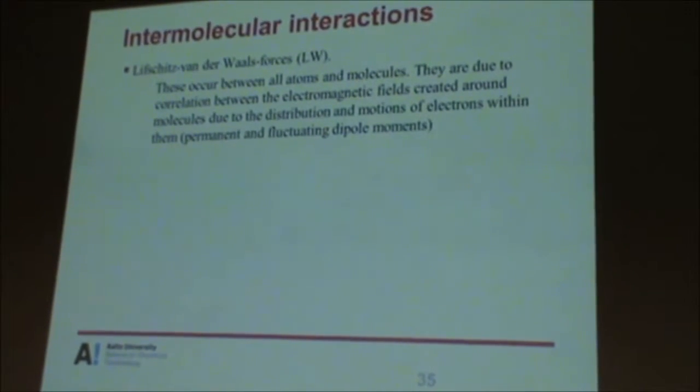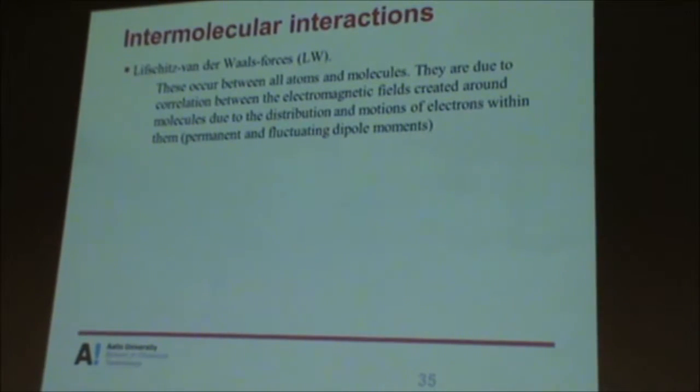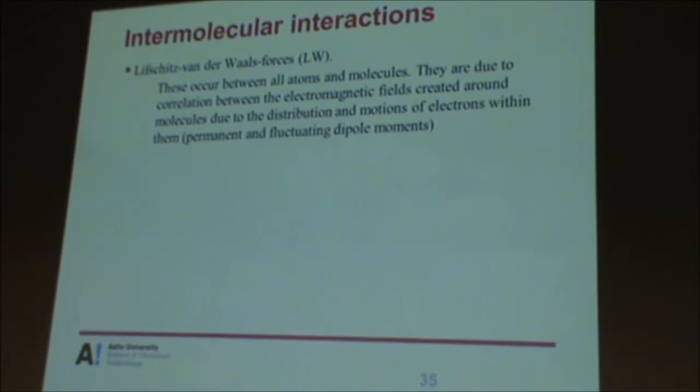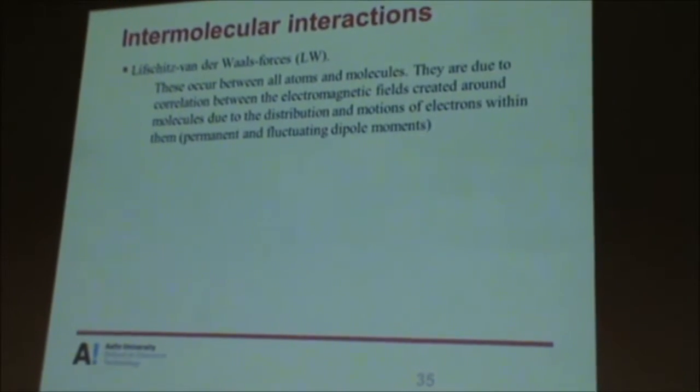But there might be other repulsive forces, so that the net interaction might be repulsive, but there will always be this component, the attractive van der Waals component. It's because of change in fluctuating electron dipole moments. It's a much more complicated concept to understand, but just keep in mind that it's a universal attractive force.